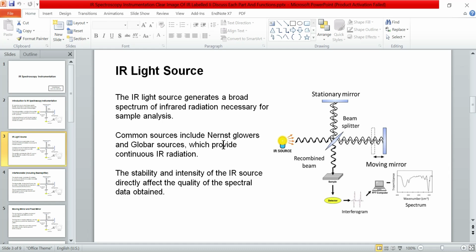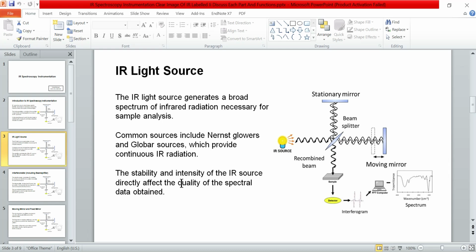The first common source is the Nernst glower, and the other is the Globar source, through which we can get the spectrum. These are the sources which provide continuous IR radiation.